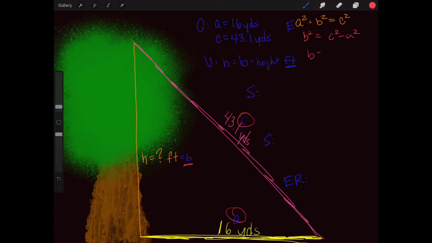Therefore, B is going to equal the square root of C squared minus A squared. Now I can substitute in and solve for this. So B, which also equals our height, by the way, equals the square root of 43.1 squared minus 16 squared. By the way, this is all in yards squared.